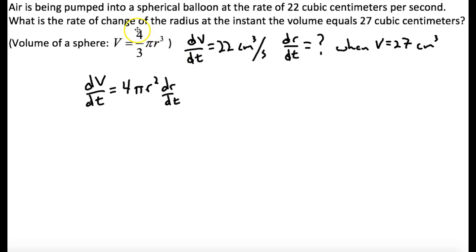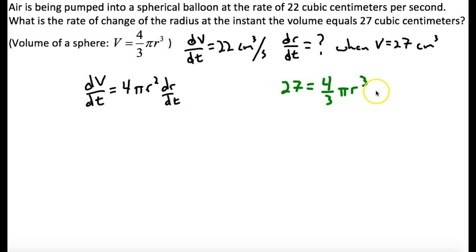So what I want to do is set 27 equal to the volume. So I'm going to come off to the side here and say 27 equals 4/3 pi r cubed. This is my volume formula, and I'm saying the volume equals 27. I want to solve for r here to plug into this formula.